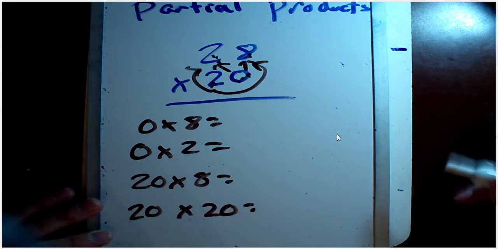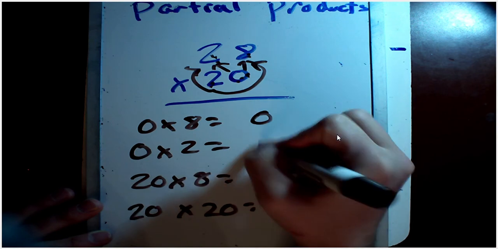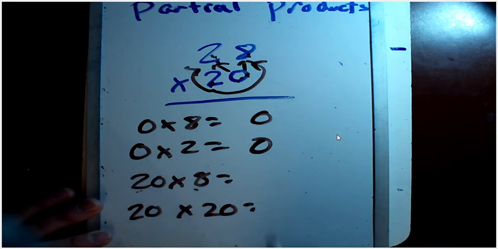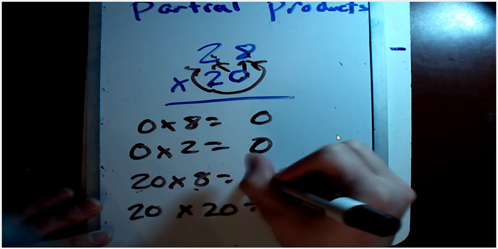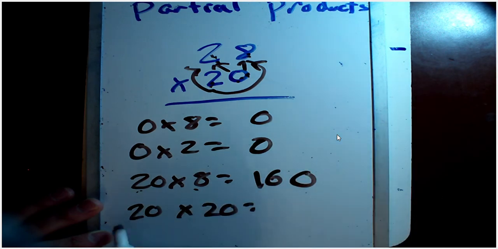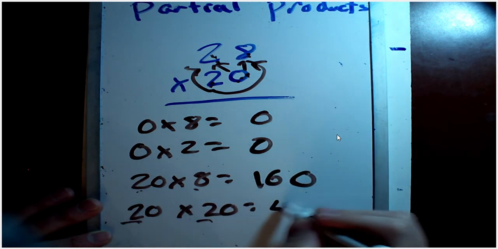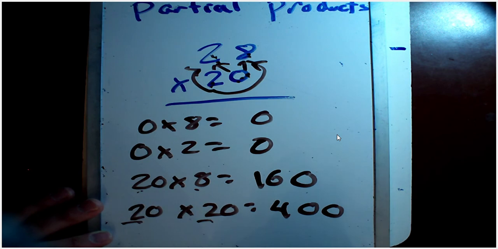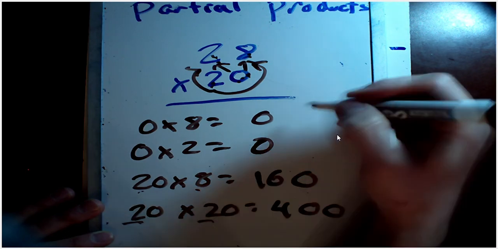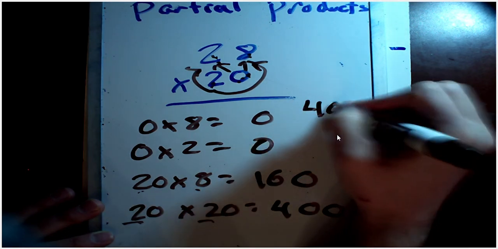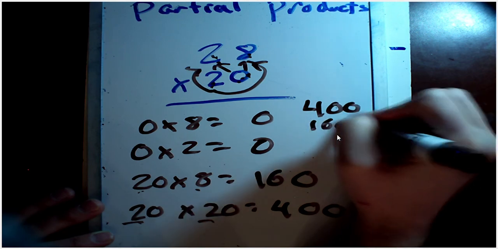And now we just solve. 0 times 8 is 0. 0 times 2 is 0. 20 times 8 is, 2 times 8 is 16. Add my zeros, 160. 2 times 2 is 4. Add my 2 zeros is 400. If you can't do that mentally, if you can't figure out 400 plus 160 is 560, my suggestion to you would be to rewrite it as an addition problem using the largest number, the greatest number on top.